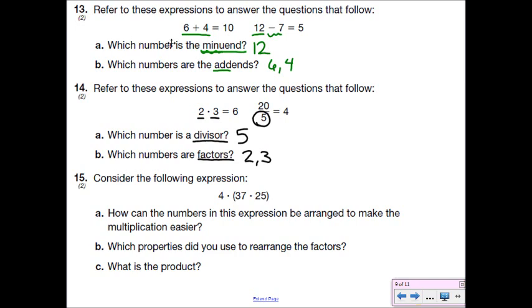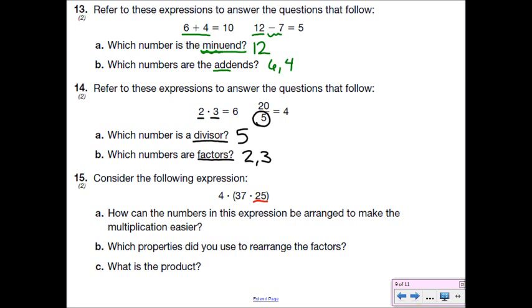Consider the following expression. 4 times the quantity, meaning in parentheses, 37 times 25. How can these numbers in this expression be arranged to make multiplication easier? When I see something like 25, I'm hoping that maybe there's a 2 or a 4, because a 4 would mean it'd be 100, 2 times it would be 50.